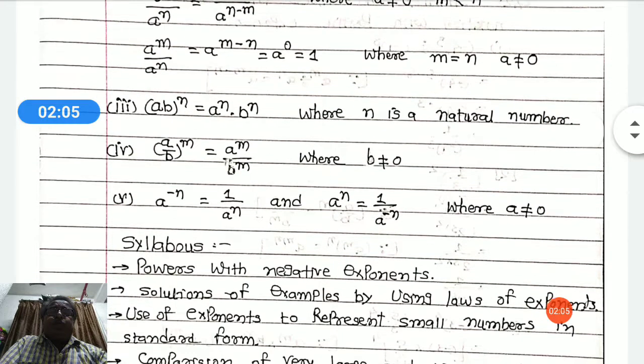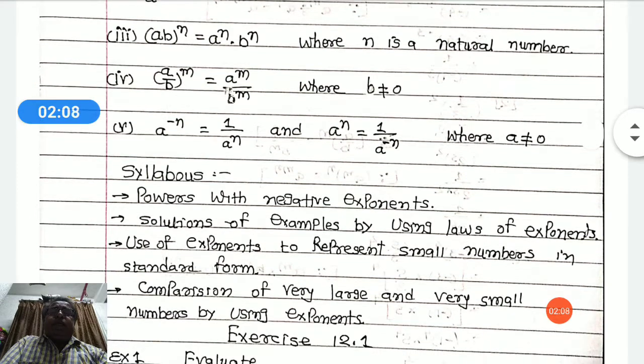Third law, (ab)^n is equal to a^n multiplied by b^n, where n is a natural number. Fourth, (a/b)^m is equal to a^m divided by b^m, where b is not equal to 0.